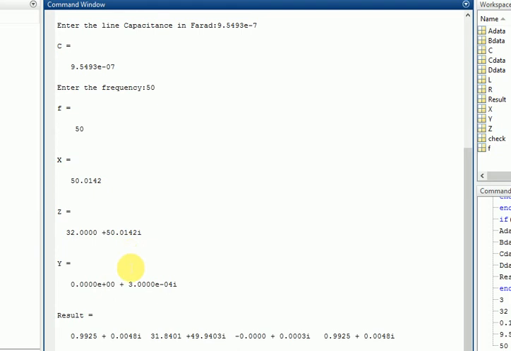50.0142. Then the Z is 32.0000 plus 50.0142i, and Y is 0.00 e raised to 00 plus 3.000 e raised to -4i.